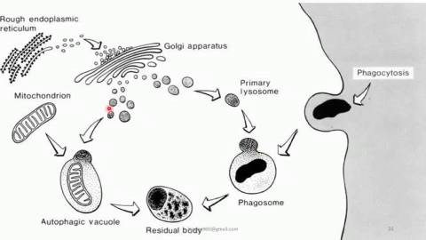Then there's also what we call autophagy, and in autophagy, what happens? Lysosomes help in recycling of worn-out organelles. It can be any organelle. In this example, we are seeing a mitochondrion. The mitochondrion may be past its lifespan, and there can be a need of recycling it so that more mitochondria can be produced in your cells.